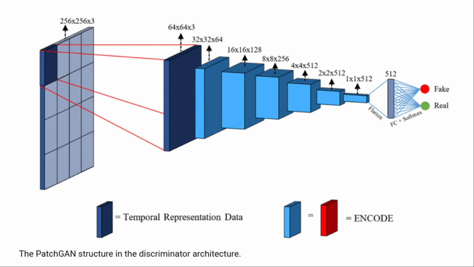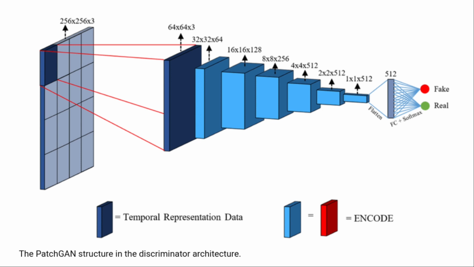Noting again, the main difference between PatchGAN and a regular GAN discriminator is that the regular GAN maps an input image to a single scalar output in the range of 0 to 1, indicating the probability of the image being real or fake, while PatchGAN provides a matrix as the output, where each element of the matrix signifies whether its corresponding patch is real or fake.